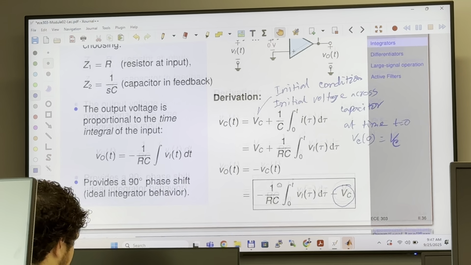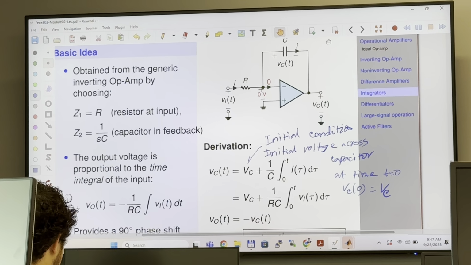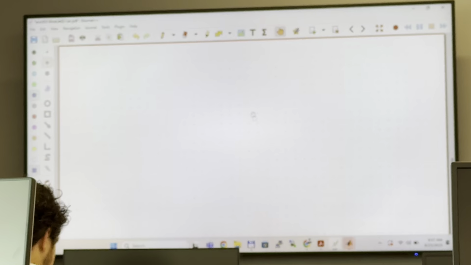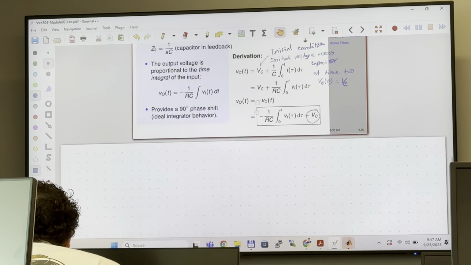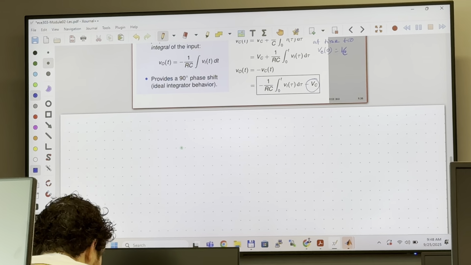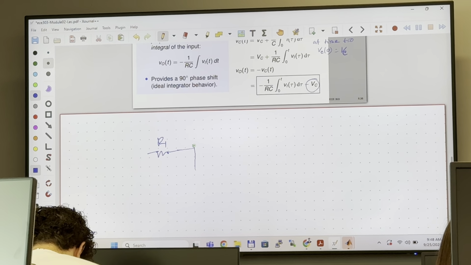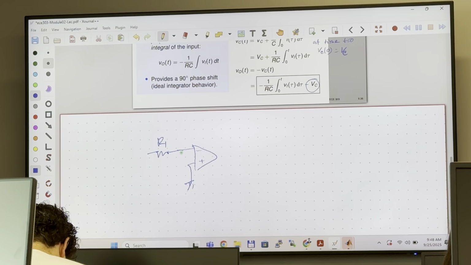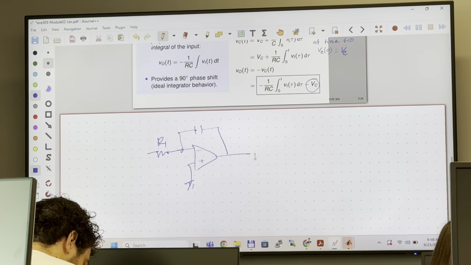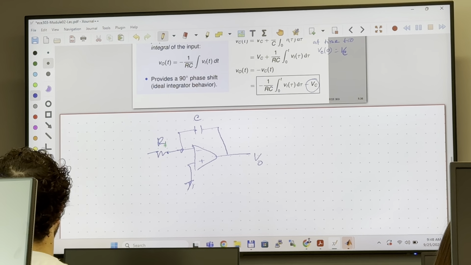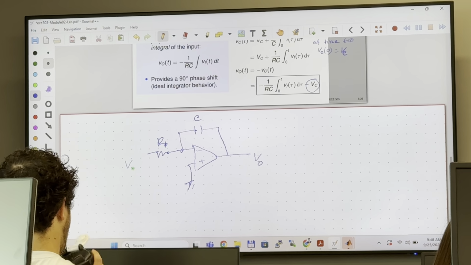So I'm just going to quickly write down the gain in frequency. So here it is. For the ideal integrator, we have R, and then the negative and positive inputs, and then we have the capacitor C here, and we have the output. Let's call this R, and this is VI.